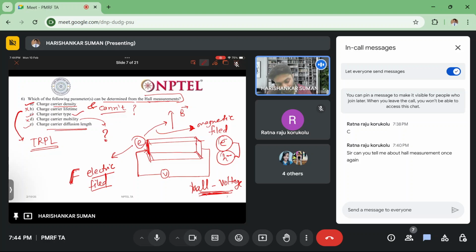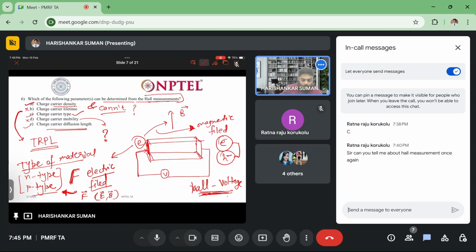So here we can find out the type of material, n-type or p-type, because electrons or holes have different directions under these two fields, the electric field and the magnetic field.